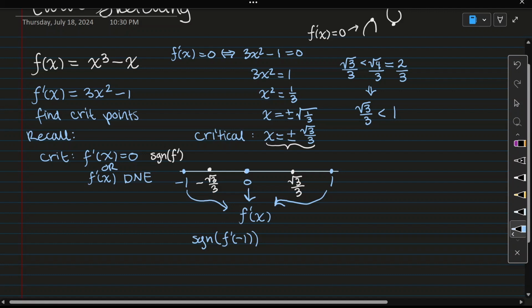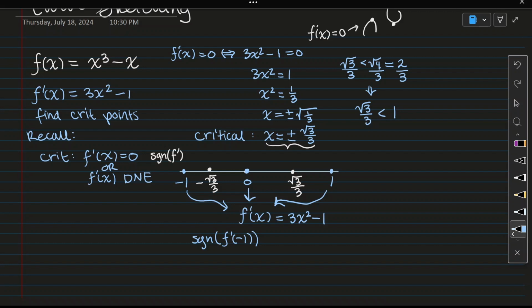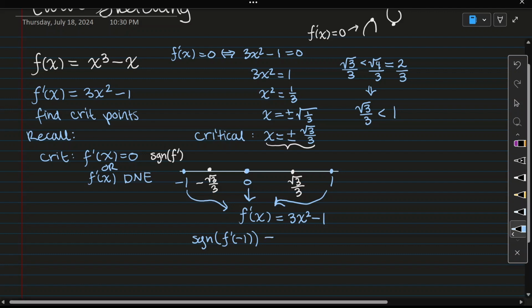I'll remind myself that f prime of x is equal to 3x squared minus 1. If I plug in -1 here, the square will make it positive, so I'll have 3 minus 1. 3 minus 1 is 2, so it'll be positive. That means this side here is positive.